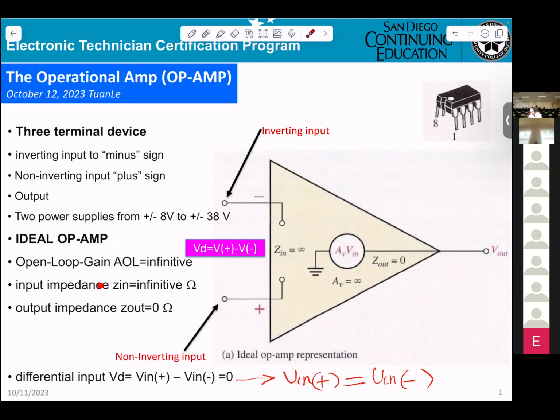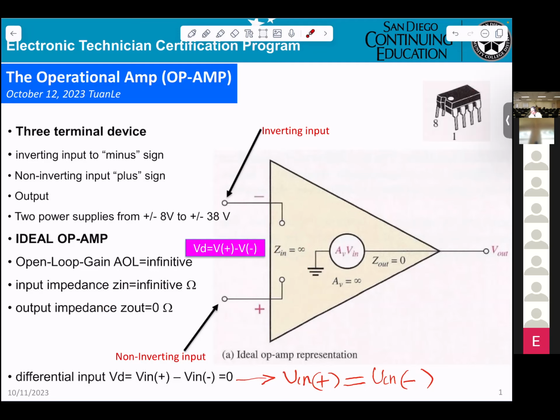Input impedance: here you get the input resistance equal to infinity, very big. That's telling you one thing: the current cannot go into the op-amp, because it has a big impedance, a big resistance.